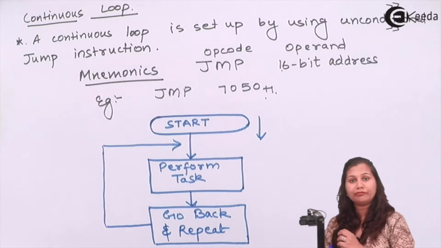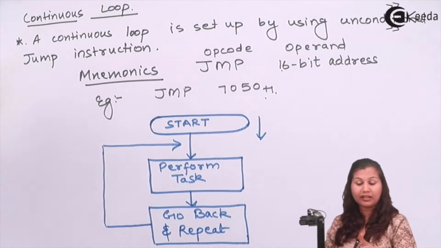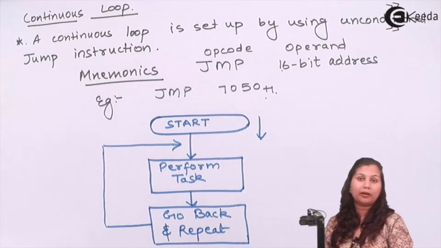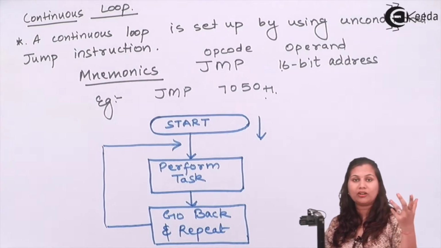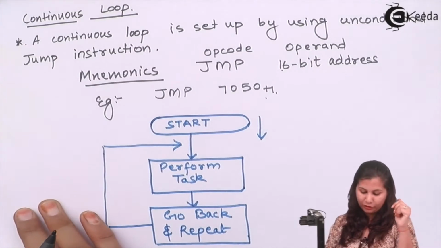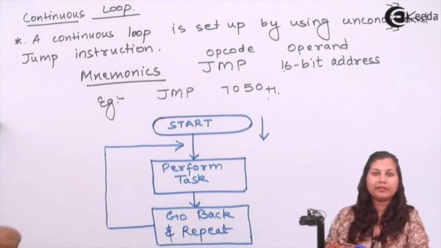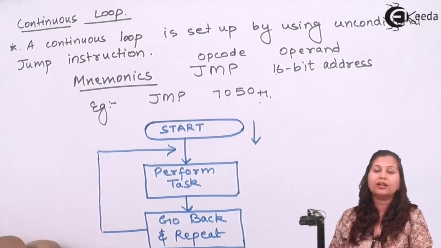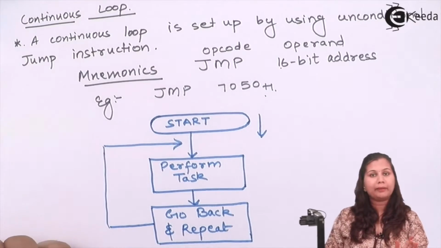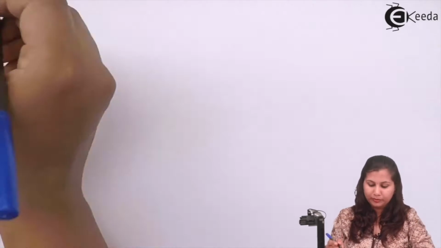Once the microprocessor encounters a continuous loop, how is it going to come out of that loop? It will run infinitely, so we cannot run the microprocessor further. So this loop can be stopped by resetting the microprocessor IC. By resetting it, we can stop the continuous loop.